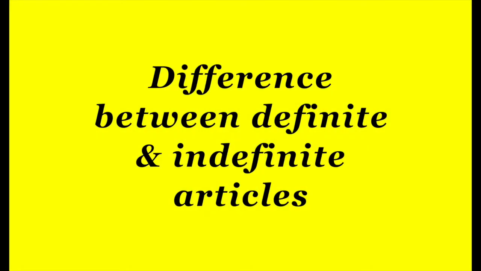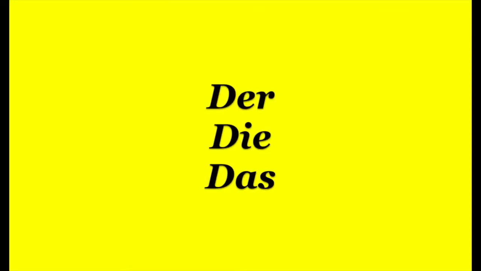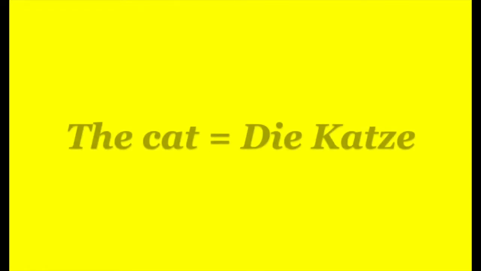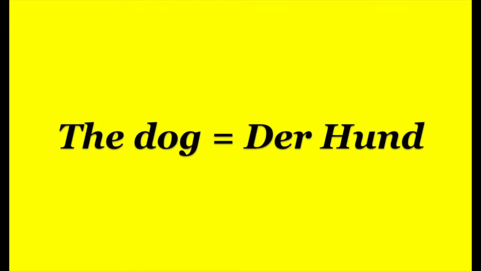Now let's see what is the difference between defined articles and undefined articles. The defined articles der, die, das are equivalent to the defined article in English, the. So, the cat will be die Katze, but the dog will be der Hund.